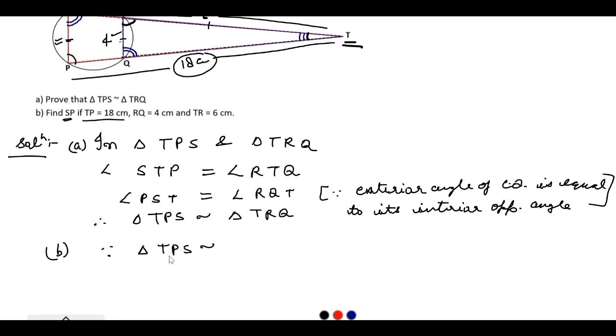So if triangle TPS is similar to triangle TRQ, then their sides SP, आप यहां से देख सकते हैं SP मीन्स आप सेकेंड वाले दो लेटर्स को ले रहे हैं, तो यहां से भी इन दो को लिया जाएगा. It is divided by QR. Its corresponding side will be QR is equal to, इस वाले triangle में हमें PT given है, means we are taking first two letter, then its corresponding side will be TR, RT, TR.